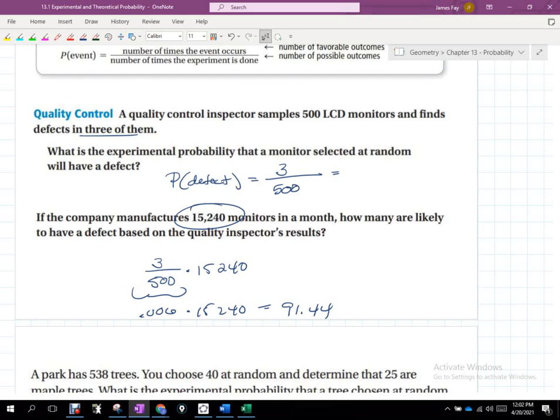Probably not, right? One bad bottle out of however many thousands they make in a day might not be a big deal. But if they've got 1,000 bottles out of the thousands that they make in a day, maybe we do have an issue. Does that make sense? So it allows us to make decisions.